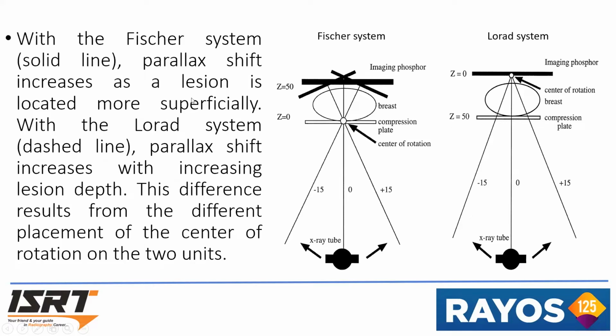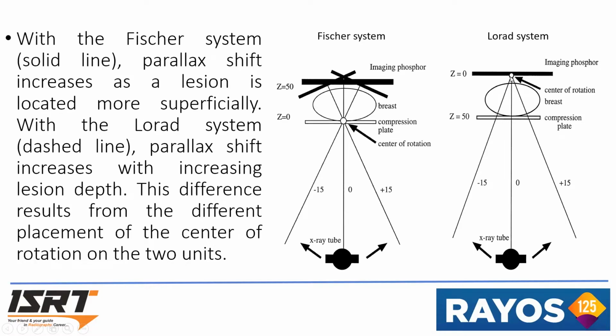Basically, 2 types of stereotactic biopsy systems are there. One is Fischer system and the other is Lorad system. In the Fischer system, the center of rotation is in the compression plate, it's here, and with the Lorad system, the center of rotation is in the imaging phosphor.